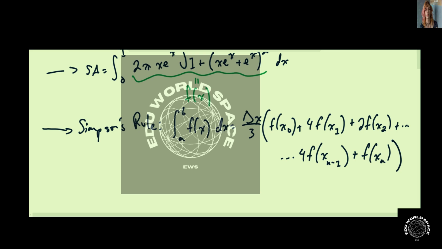In general, we'll be using this formula. And remember that delta x would be equal to b minus a divided by n.